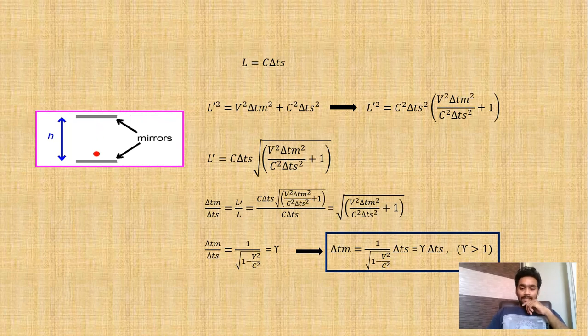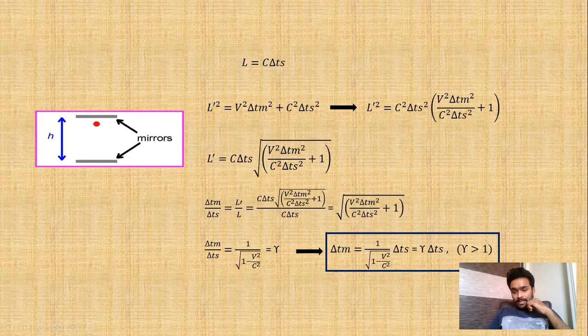So v is less than c. That means v by c is less than 1, so 1 minus v square by c square is less than 1, and so gamma will always be greater than 1. That means the time taken by the moving clock is always greater than the time taken by the stationary clock. That means moving clocks are always slower than stationary clocks.